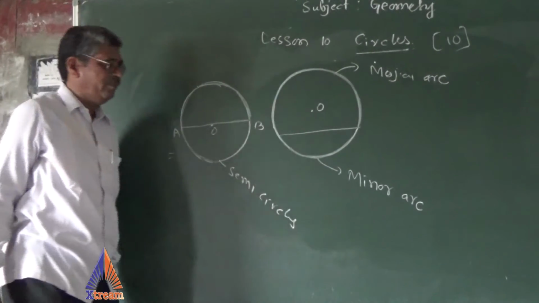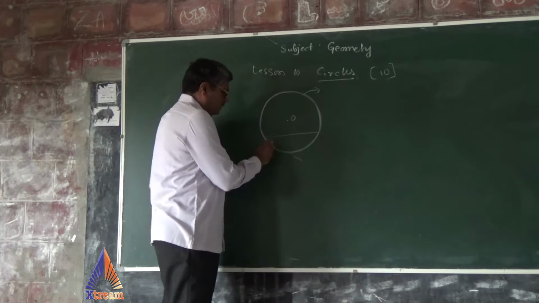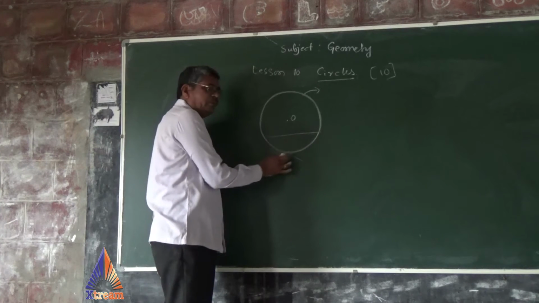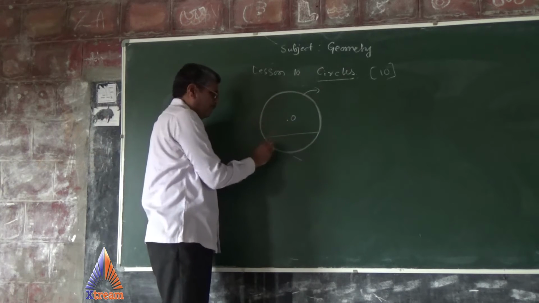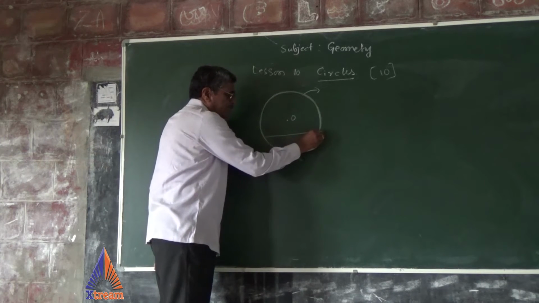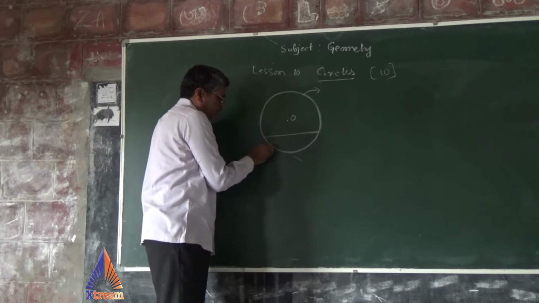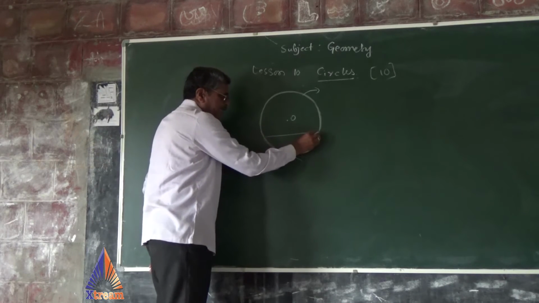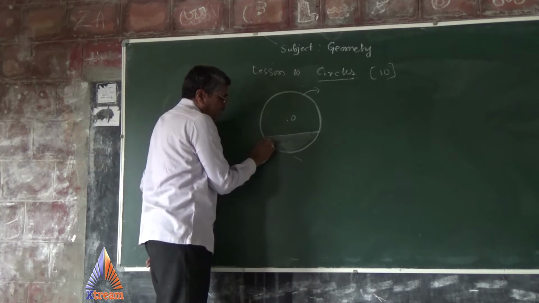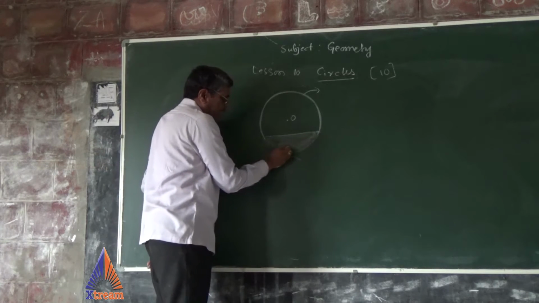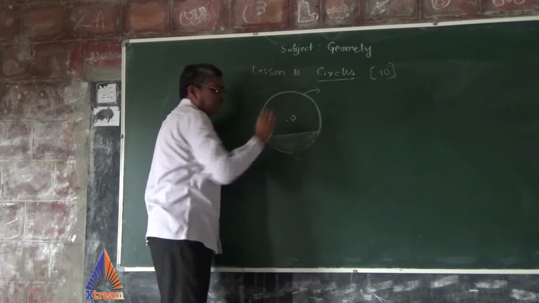Next, segments. A chord divides the circle into two unequal parts, one major and one minor. The region bounded by the chord as well as the arc of a circle is commonly called a segment.